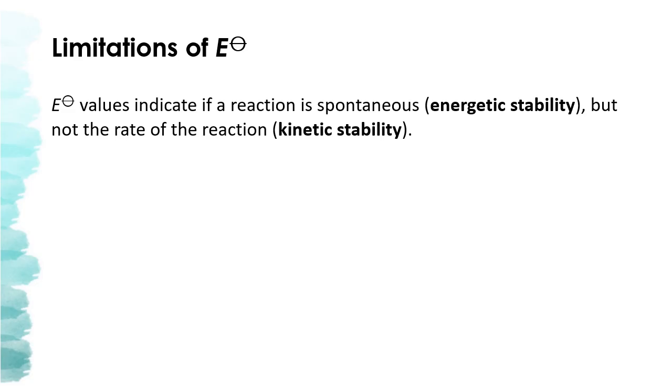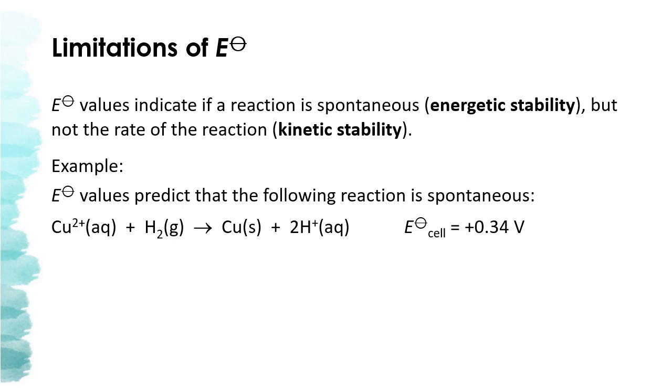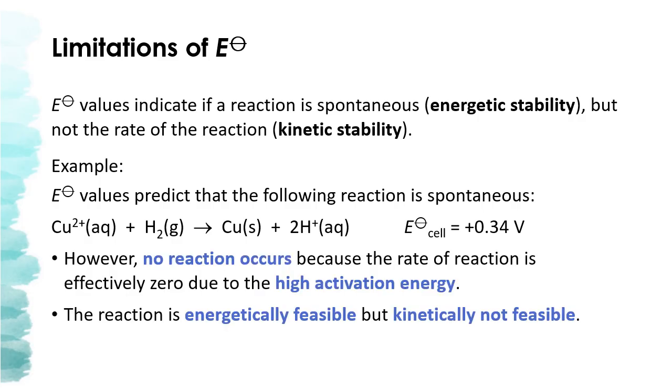So what is the limitation for calculating the E naught cell of a galvanic cell? I think I've mentioned this in my lecture 2 when I saw you in LT1 that day. The E naught cell only allows you to predict from the thermodynamic point of view whether a reaction is spontaneous or not spontaneous. It doesn't give you any info about the speed of the reaction.